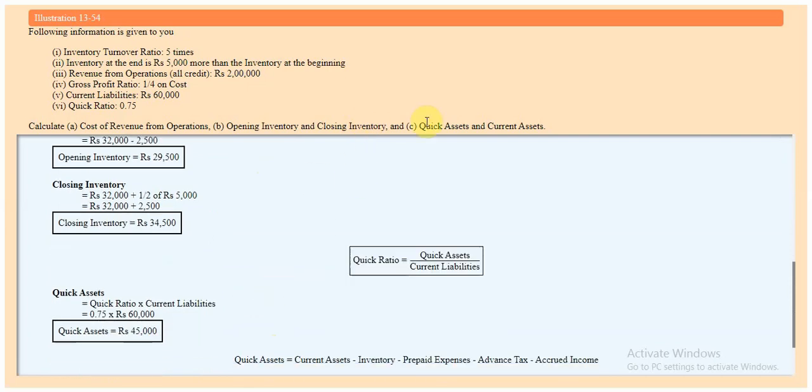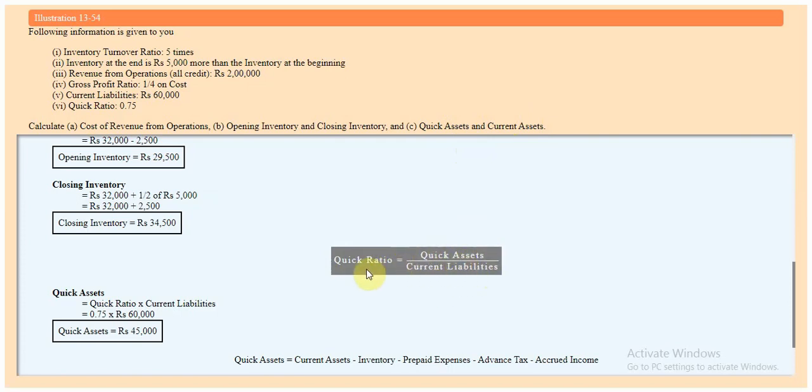Next we will move to the next subdivision. They are asking us to find out the quick assets and the current assets. So quick assets, do we have a formula? Yes, we have a formula for quick ratio, and in that formula we have quick assets in the numerator. So write down the formula. Quick ratio is equal to quick assets divided by current liabilities.